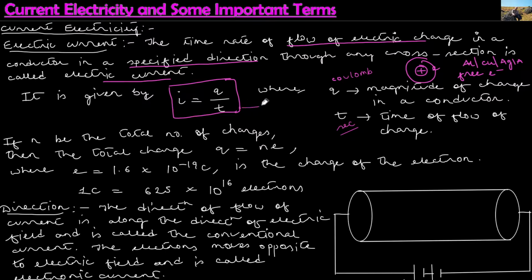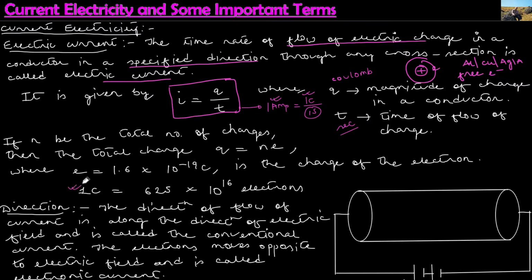So the SI unit of current will be amperes. 1 ampere equals 1 coulomb per second. So when 1 coulomb of charge flows through a conductor in a time of 1 second, then the current is said to be 1 ampere.